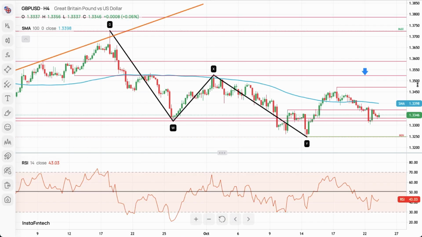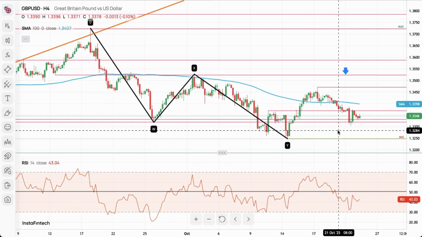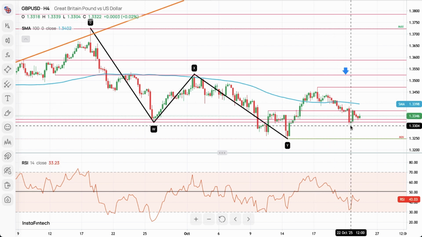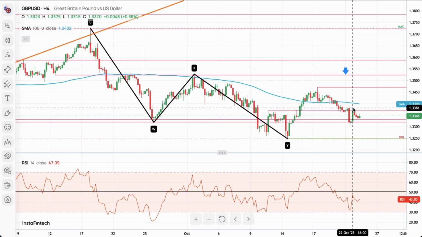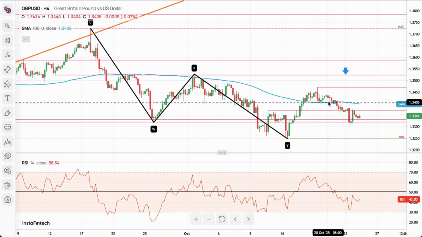The British pound is a little bit of a different situation, because right now we just went back down towards the level of 1.3304. A shallow bounce from this level, another pressure lower, so there is still some sort of pressure on the cable.